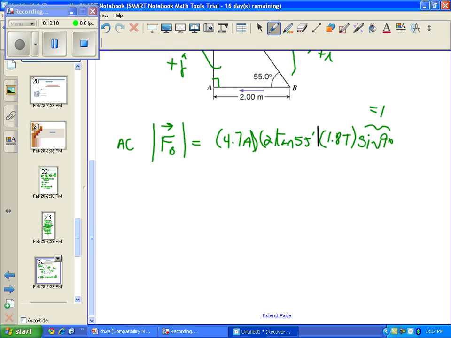All right, let's go ahead and obtain the actual vector as the product of 4.7 times 2 times the tangent of 55 times 1.8 times 1. That gives us 24.2 newtons.